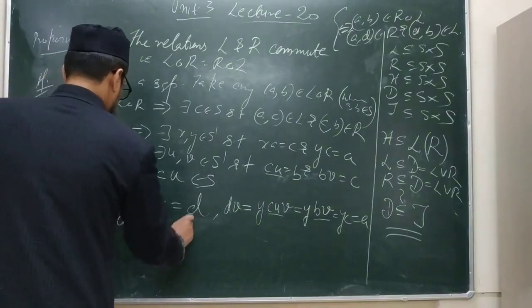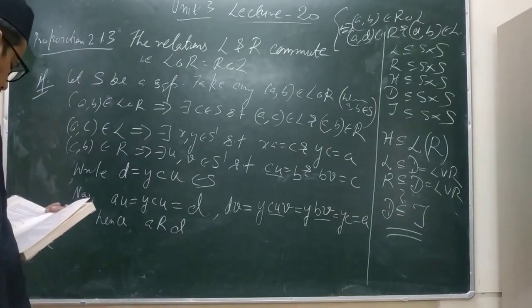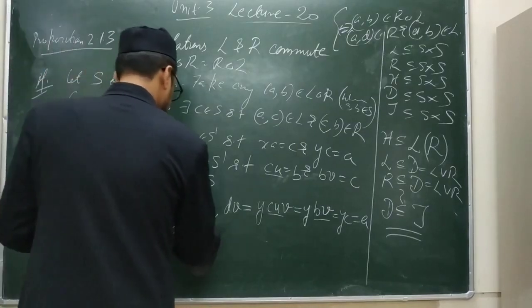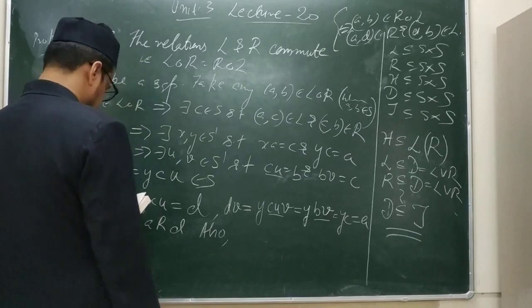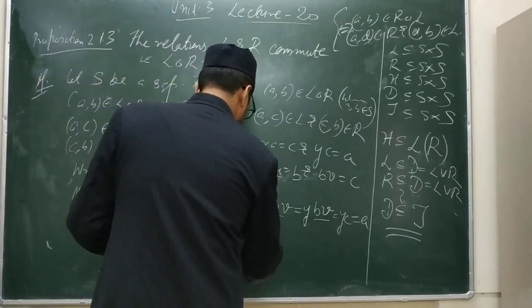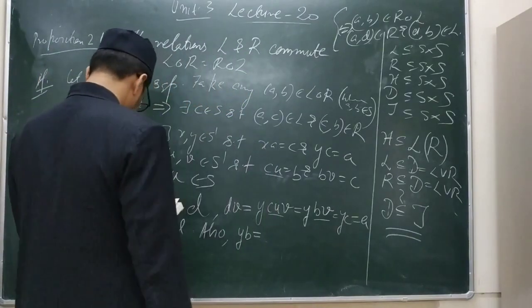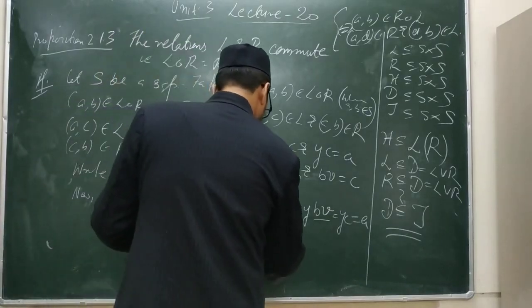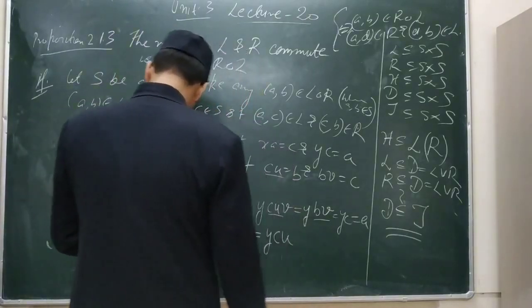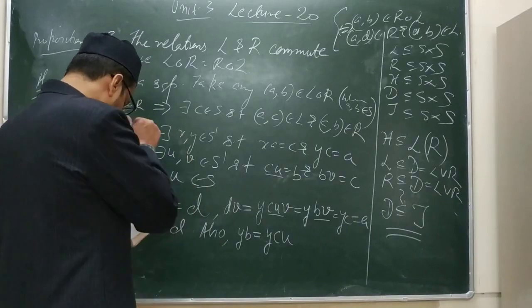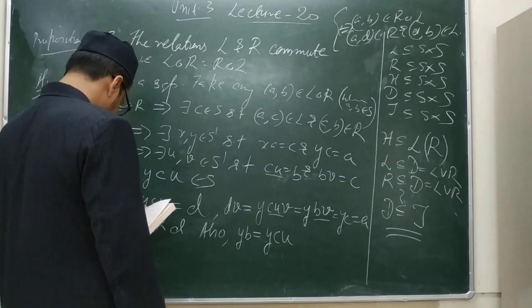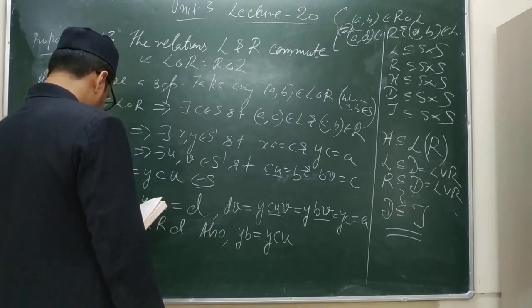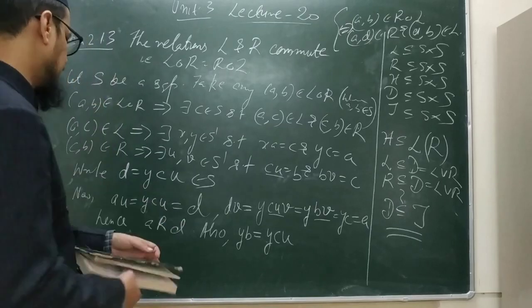Hence ARD. Also YB is equal to YCU. So you see it is ARD.